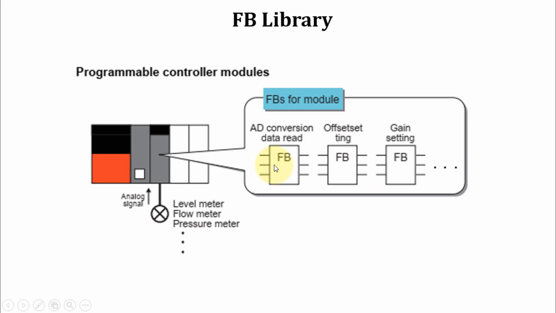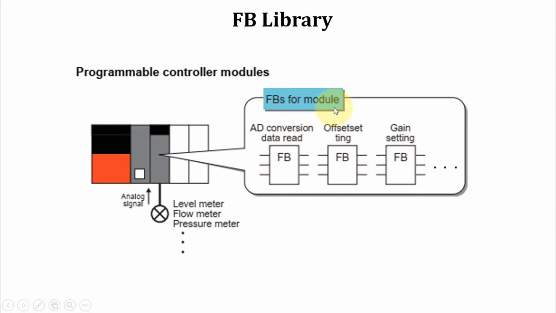So as per requirement, we can use this ready-made function block available on the manufacturer's website in our program. So it will greatly reduce the man hours for developing a program. The time required to develop the program is greatly reduced because we are getting ready-made function blocks.